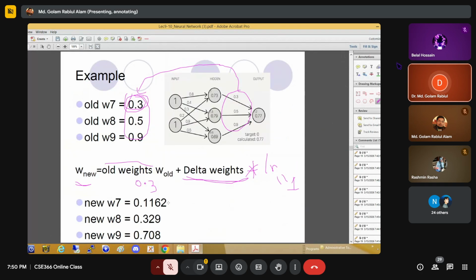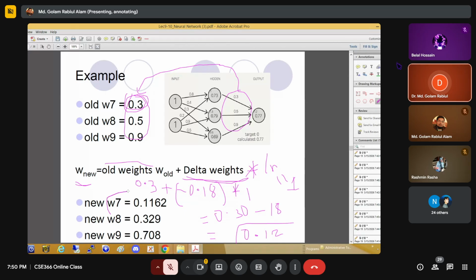So it is 0.3 plus negative 0.18, since we have considered the learning rate to be 1. That is 0.3 minus 0.18, which is 0.12.